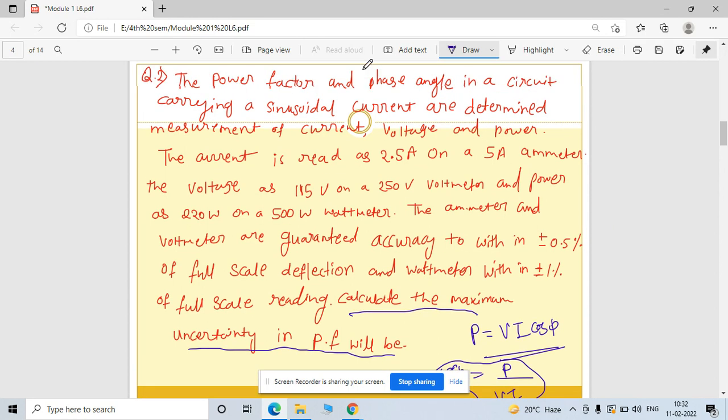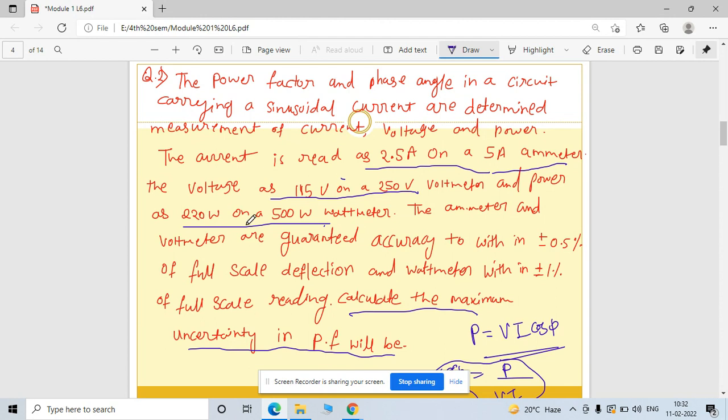What is given in this question is that the power factor and the phase angle of the circuit carrying the sinusoidal current are determined by measurement of the current, voltage and power. The current is 2.5 ampere on a 5 ampere ammeter, and the voltage is 115 volt on a 250 volt voltmeter. Power is 220 watt on a 500 watt wattmeter.